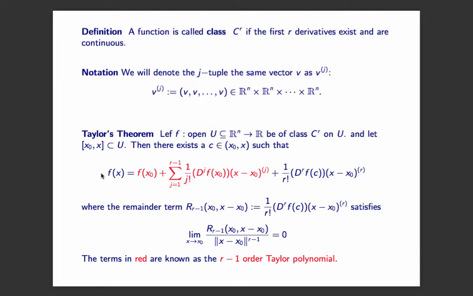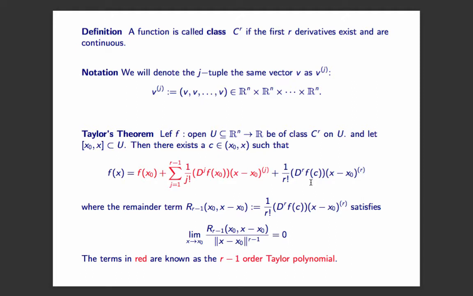This is a generalization to functions that map R^n to R. Suppose f is class C^r, and let the interval x0 to x, remember that's the line segment connecting x0 and x, be contained in U. Then there exists a c in the interior of that line segment such that f of x is equal to f of x0 plus the scaled sum of the first r minus 1 derivatives of f at x0 applied to the j-tuple x minus x0, from j equals 1 to r minus 1, plus my remainder term.